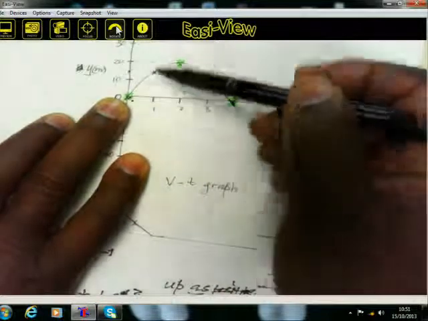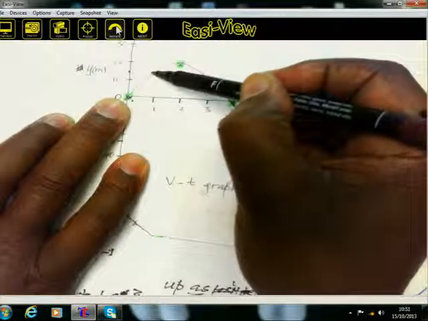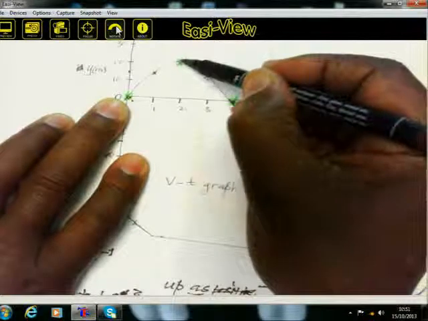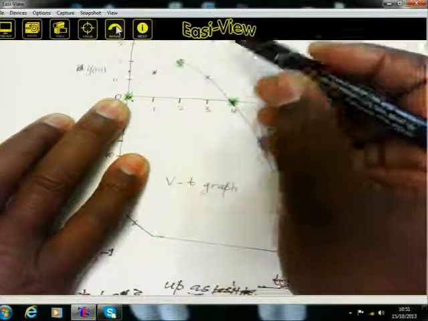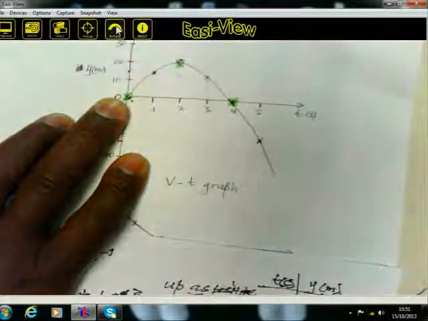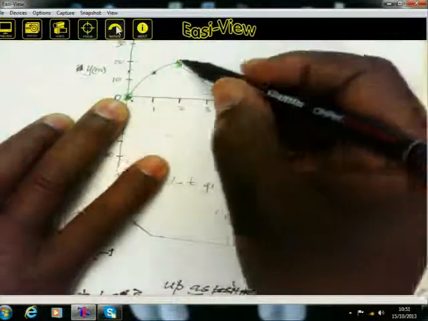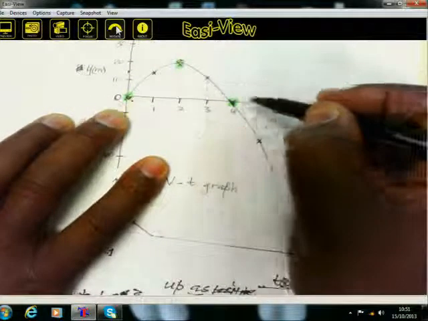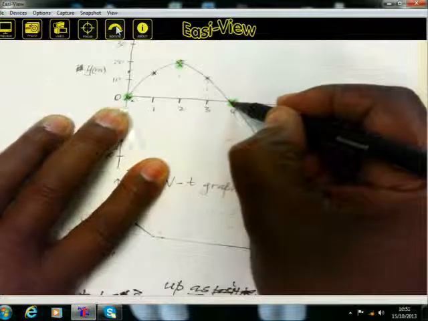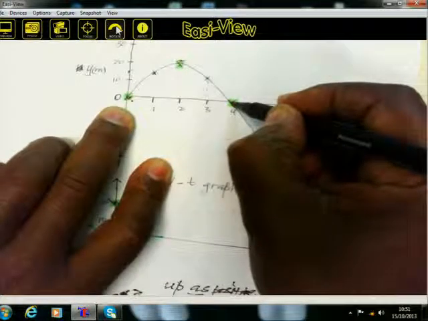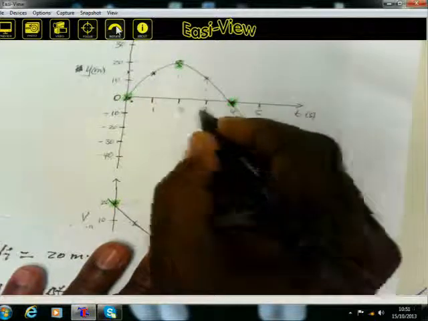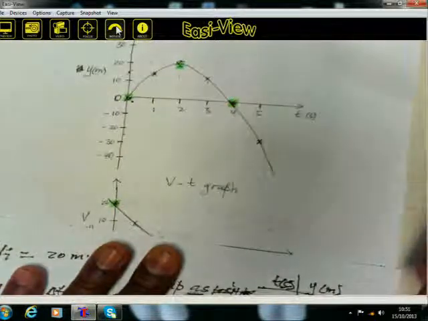And after 1 second, it is at that position. After 2 seconds, it is at its highest point. At the highest point, this object changes direction and moves downwards so that it comes back to its original point of throw at time equal to 4 seconds in this particular case.